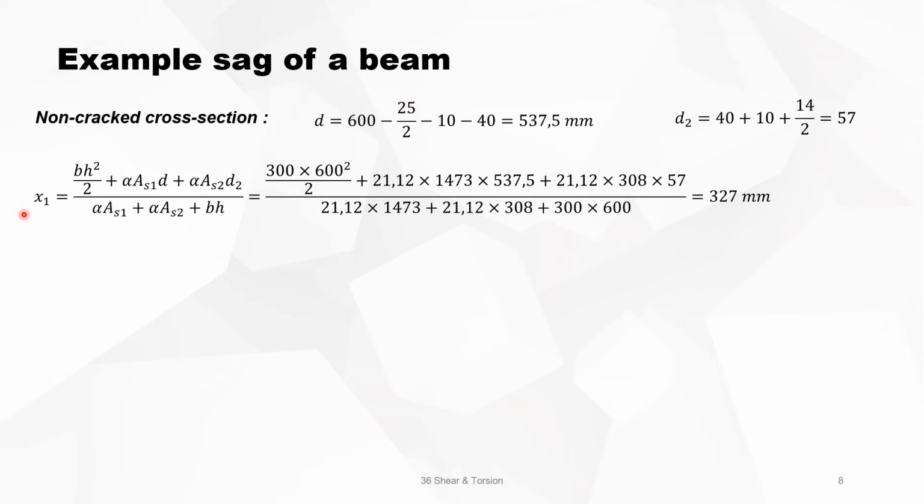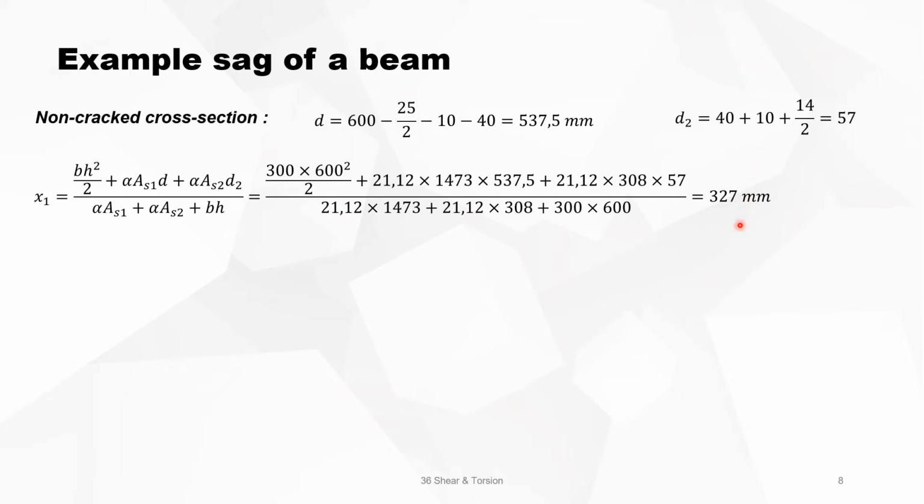The depth of the neutral axis of the non-cracked section can then be found by calculating the point of gravity for the effective or for the fictive cross section. That is the concrete section plus alpha times the steel section. If we put in the numbers, we find 327 millimeters.